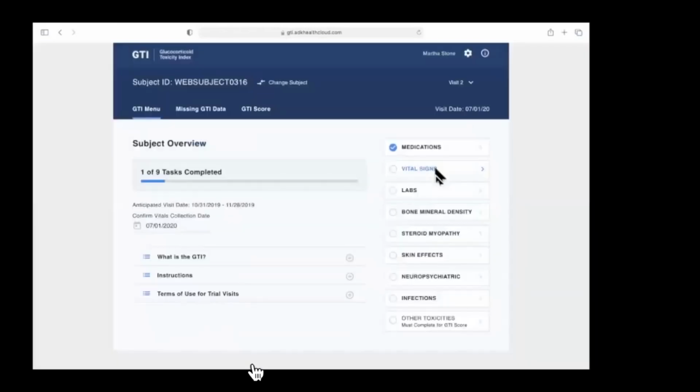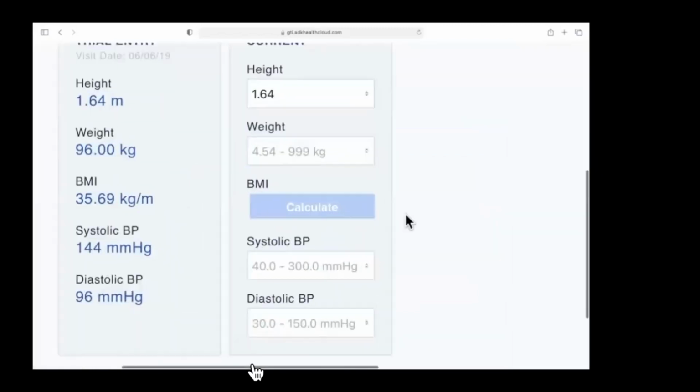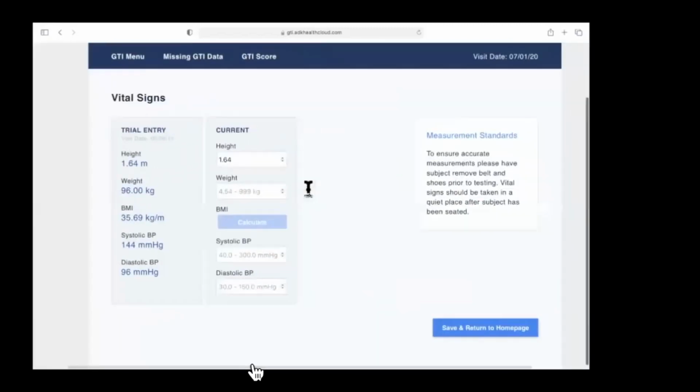The vital signs from entry are shown on the left. The patient was 1.64 meters tall at entry and weighed 96 kilograms. The BMI calculated automatically. His weight has improved substantially. He's now down to 89.1 kilograms.